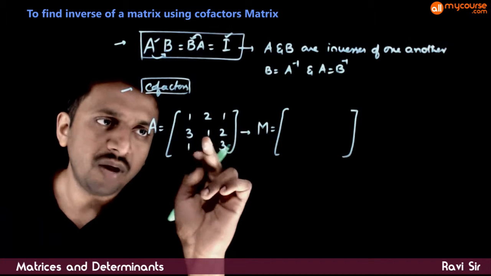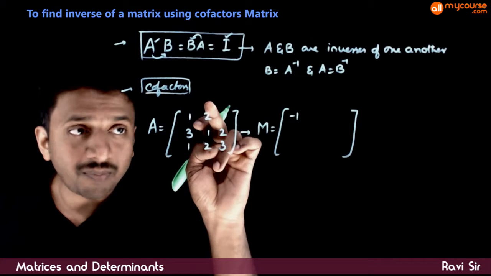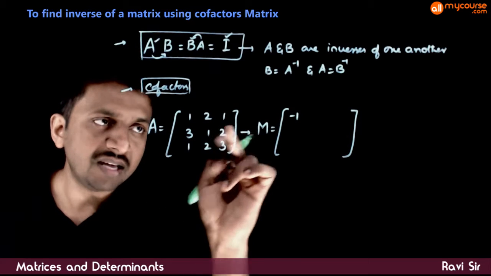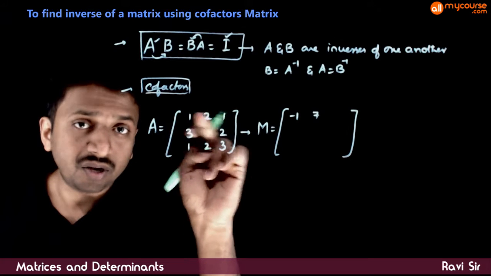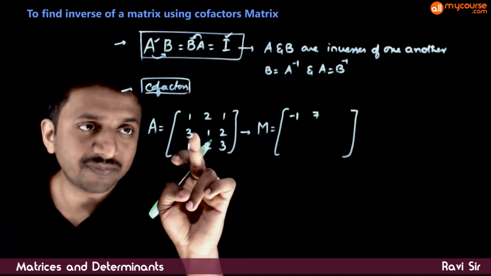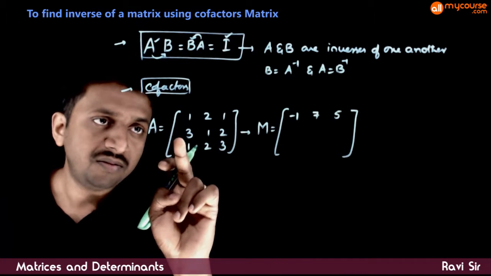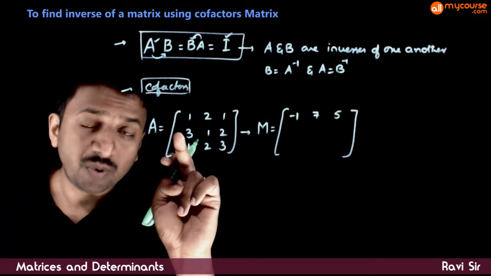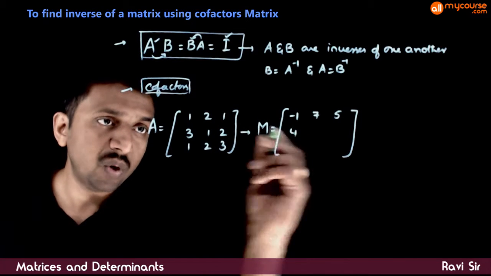So what is the minor of 1? 3 minus 4 is minus 1. What is the minor of 2? 9 minus 2, 7. What is the minor of 1? You remove the corresponding row and column, and take the determinant of the remaining matrix. 3 twos are 6, minus 1 is 5. Corresponding to 3, the minor is 6 minus 2, 4.